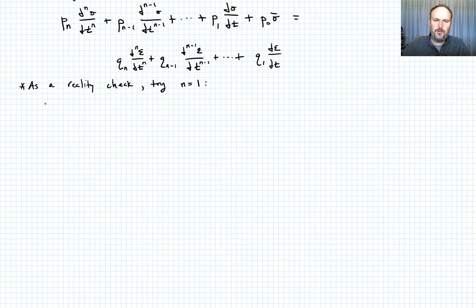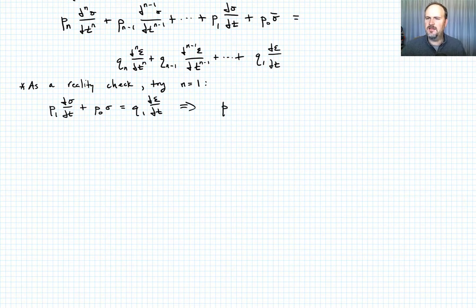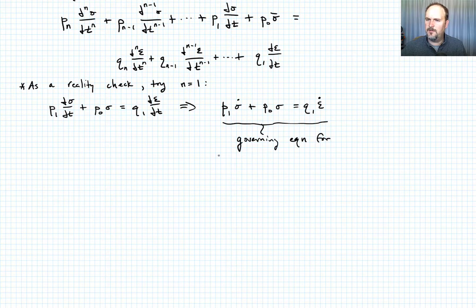If we try n equals 1, we're left with p1 times the derivative of sigma with respect to time, plus p0 times sigma, equal to q1 times the derivative of epsilon with respect to time. Written in the form we've been using, p1 sigma dot plus p0 sigma equals q1 epsilon dot. And what do we find that is? That is the governing equation for a single Maxwell element.